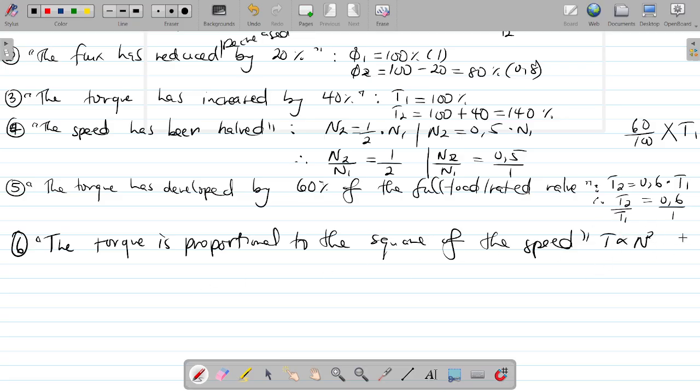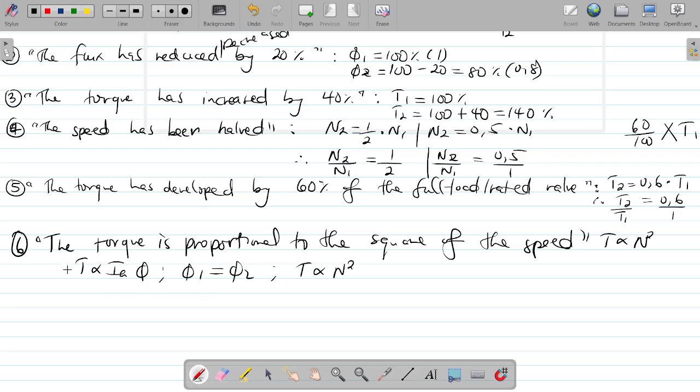This is meant to just show us the substitution into the formula for torque. So usually we say torque is proportional to armature current and flux. Typically in this specific case, flux 1 is the same as flux 2 during that calculation. You read the condition: torque is proportional to the square of the speed.